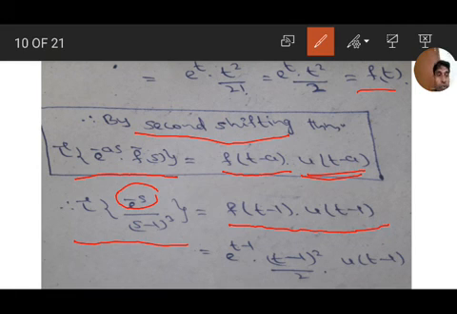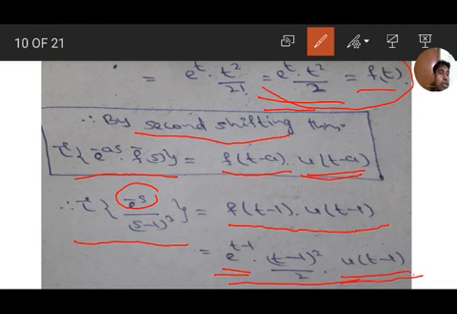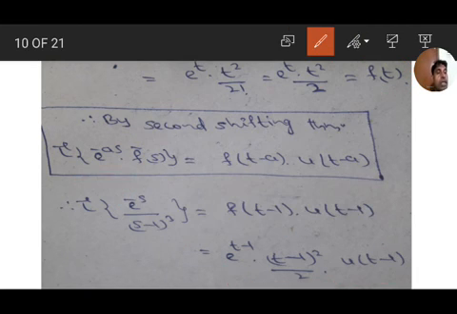So in the f of t, substitute t minus 1 in the place of t: e to the power of t minus 1, t minus 1 whole square by 2 into u of t minus 1. It is the final answer. U of t minus 1 is the unit step function. Okay.